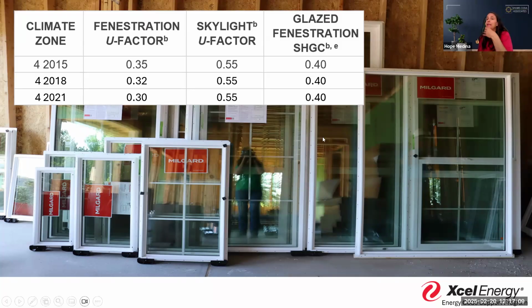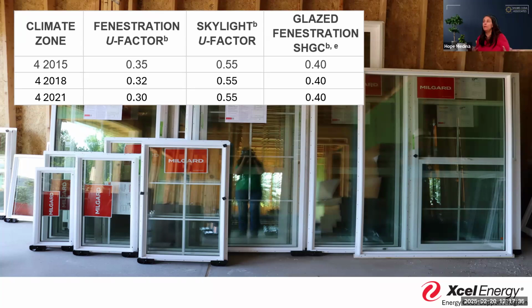Now, the other thing to pay attention to, no matter which edition of the code that you're under, is the sheer fact that we have to talk about that solar heat gain coefficient. So with windows, we want to ensure that we don't allow the solar radiation heat to infiltrate through the window and heat up the space unintendedly.